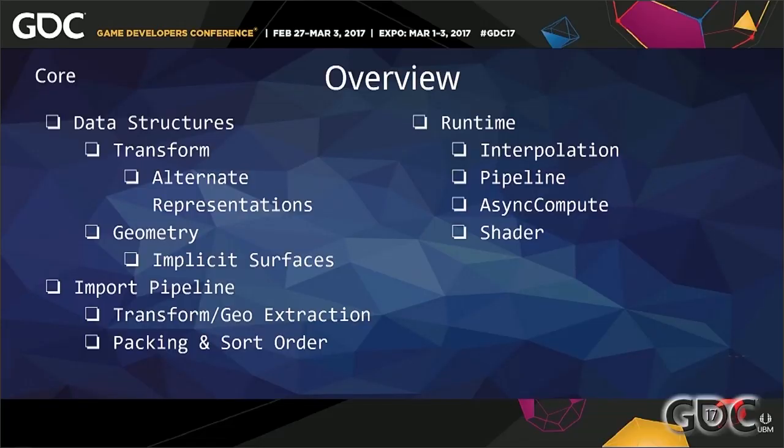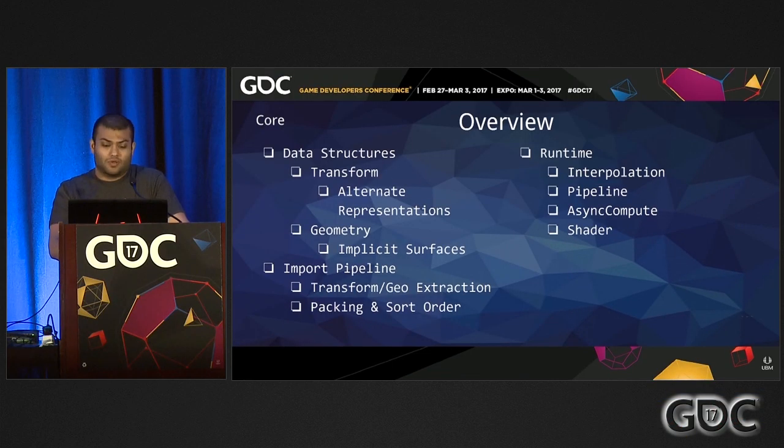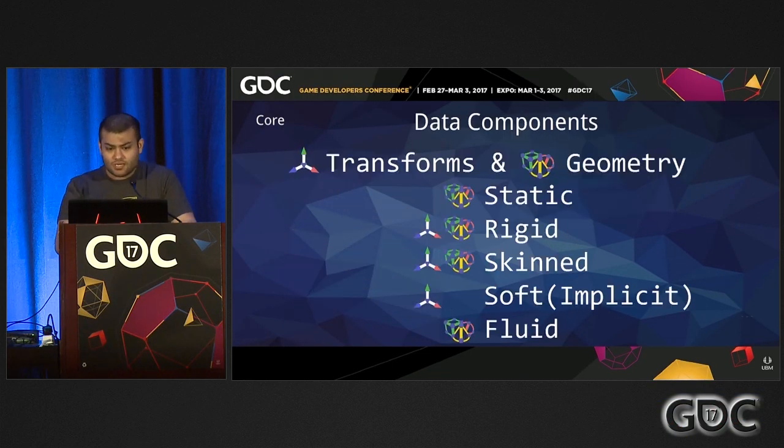Okay, so let's talk about the engineering side of things. Mainly this slide is here for you to refer back to roughly as a table of contents. We'll go through the data structures involved, the import pipeline, and what the runtime involves. As Ben mentioned, in order to pull off this geometry cache system, you have two components: transforms and geometry.